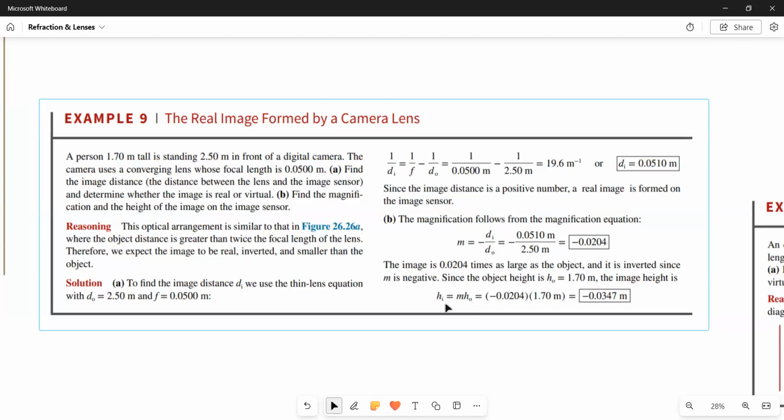So from that, you can get the image height by multiplying the magnification by the object height, right? So the magnification times 1.7 gives you this very, very small number. So the image inside the camera is 0.0347, very, very small.